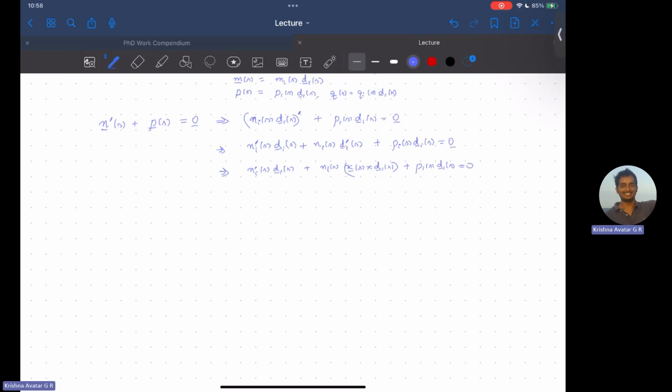Here we have to expand this. You recall that kappa cross d can be written as epsilon i j k kappa j of s dk of s.